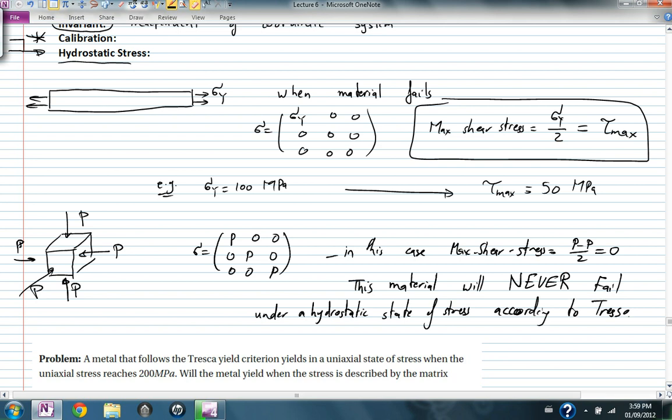So Tresca predicts that this material, you can put as much P as you want, this material will never fail because the shear stress on this material is always equal to 0.